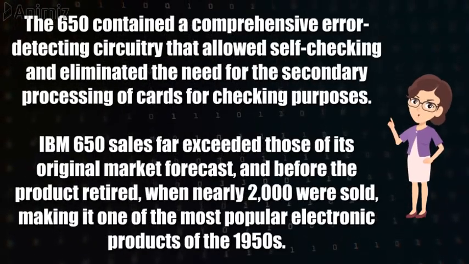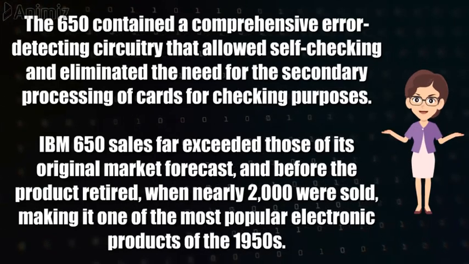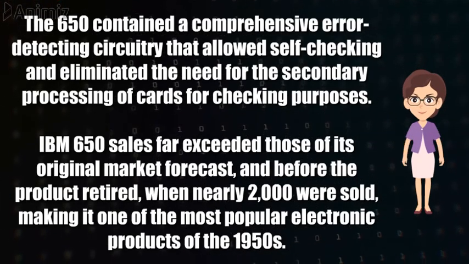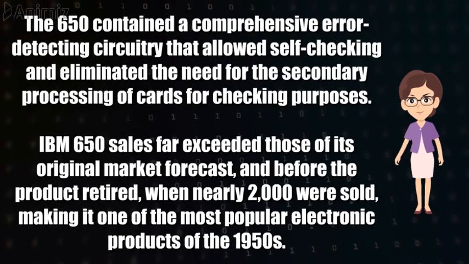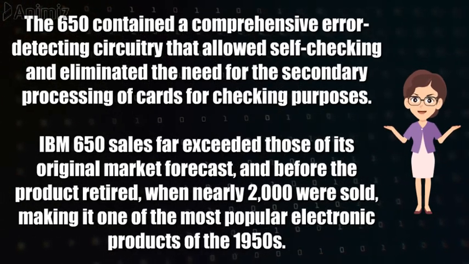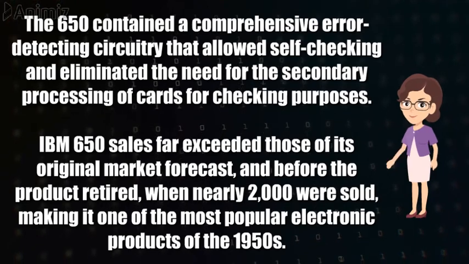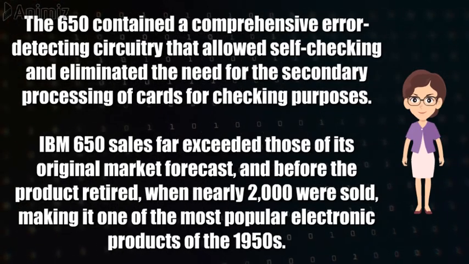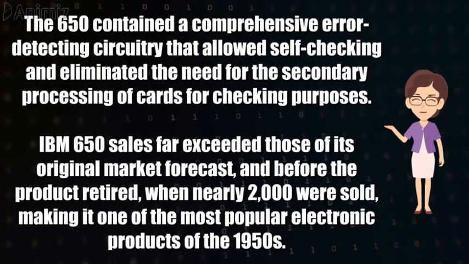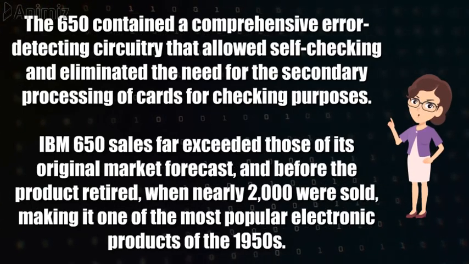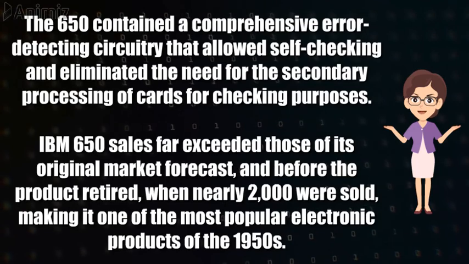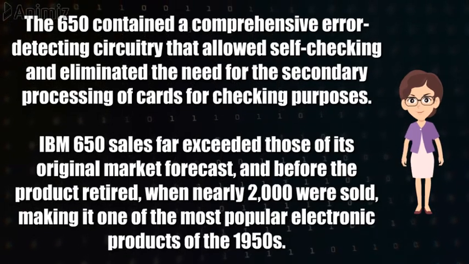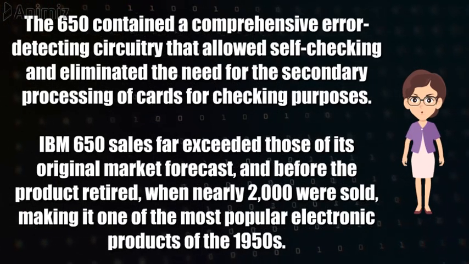The 650 contained comprehensive error-detecting circuitry that allowed self-checking and eliminated the need for the secondary processing of cards for checking purposes. IBM 650 sales far exceeded those of its original market forecast, and before the product retired, nearly 2,000 were sold, making it one of the most popular electronic products of the 1950s.